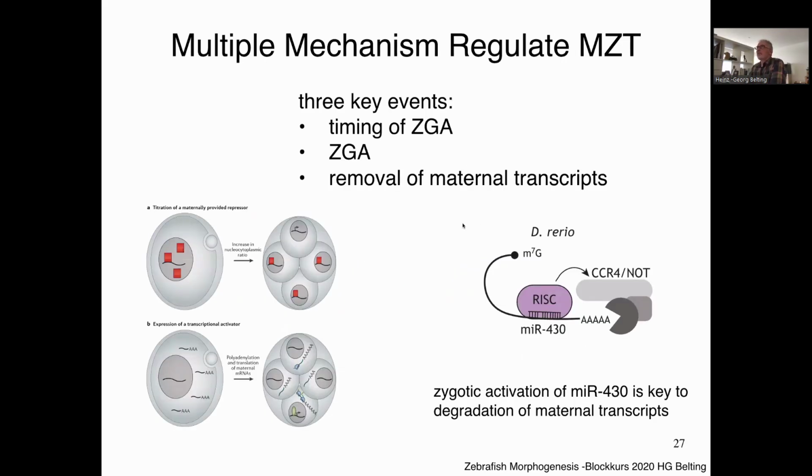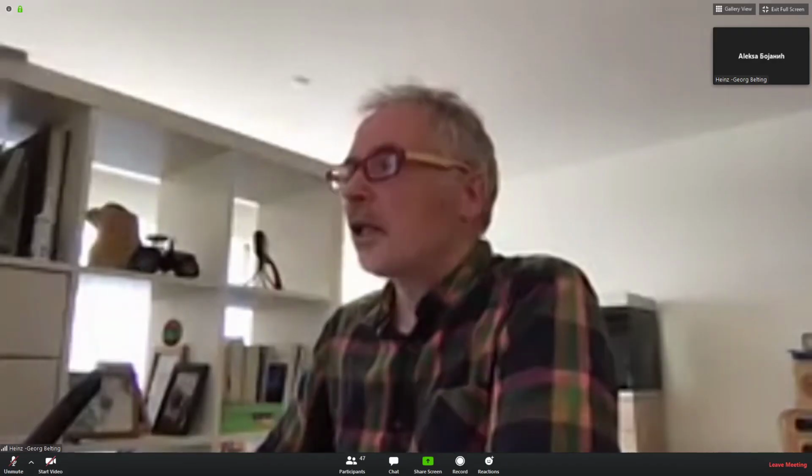In this mid-blastula transition, or maternal zygotic transition, there are three key events. One is timing the zygotic gene activation, the activation of the zygotic genome itself, and also the removal of maternal transcripts. All of these things are highly regulated.